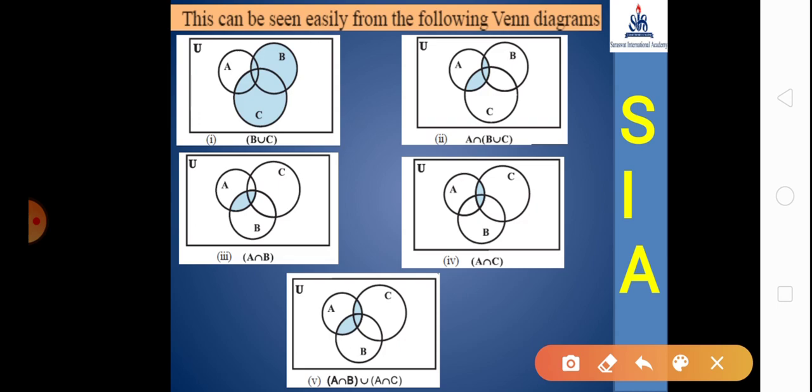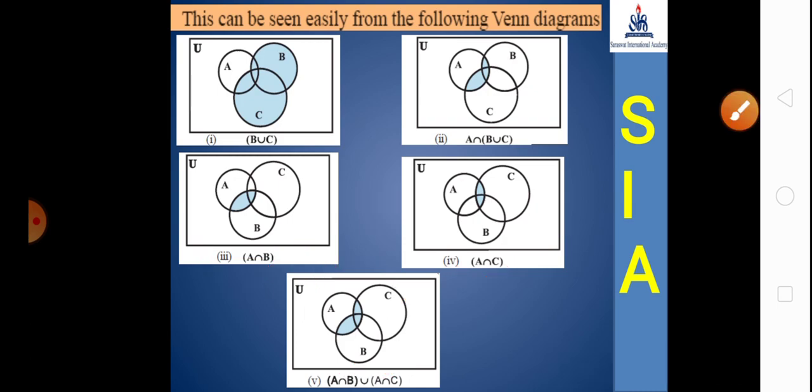A intersection B means this drawing, and A intersection C means this drawing, and if you take the union of both, then you get this one. Union means you add both, this region from the third figure and fourth figure, the blue color region, then you get the fifth figure. So Venn diagram wise, I explained to you the distributive rule.